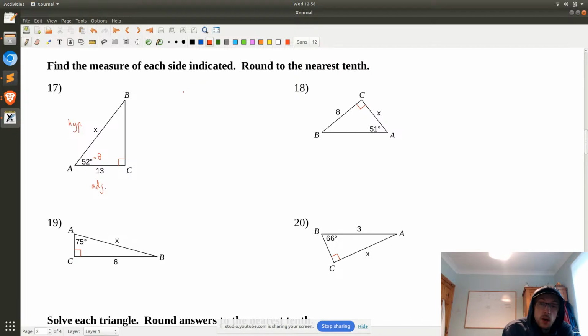That would be cosine. Cosine of theta is adjacent divided by hypotenuse. So put everything in the best position that you can. Where theta is, put 52 degrees. Where the adjacent is, put 13. And where the hypotenuse is, put x. And now you have to find x.